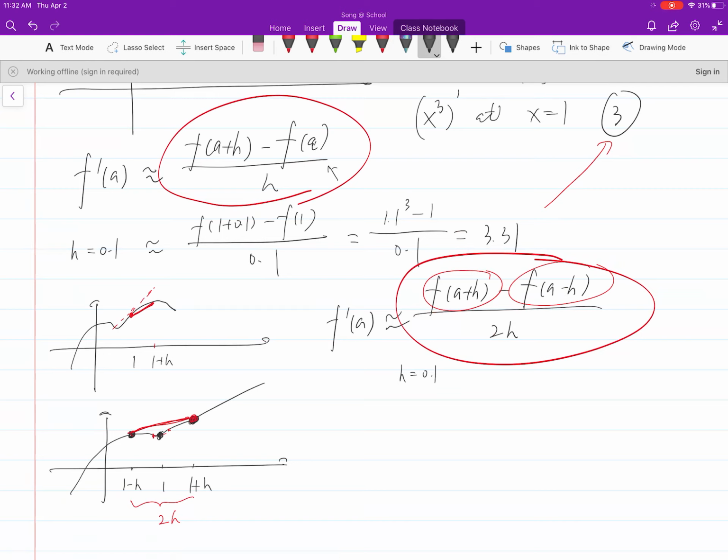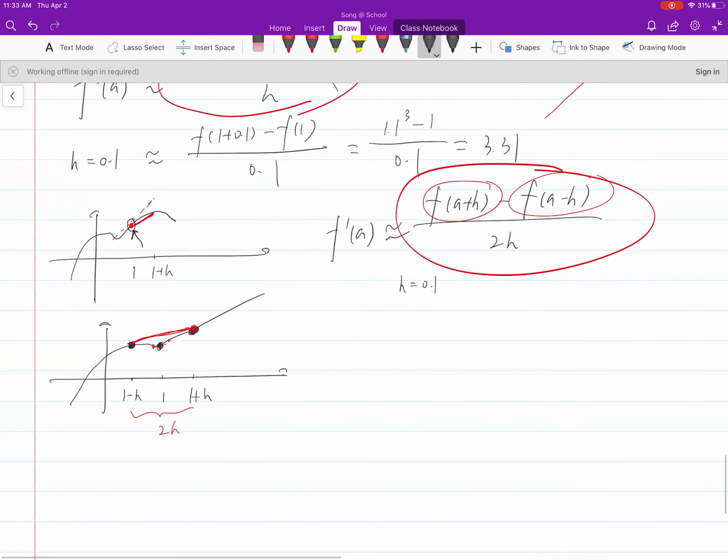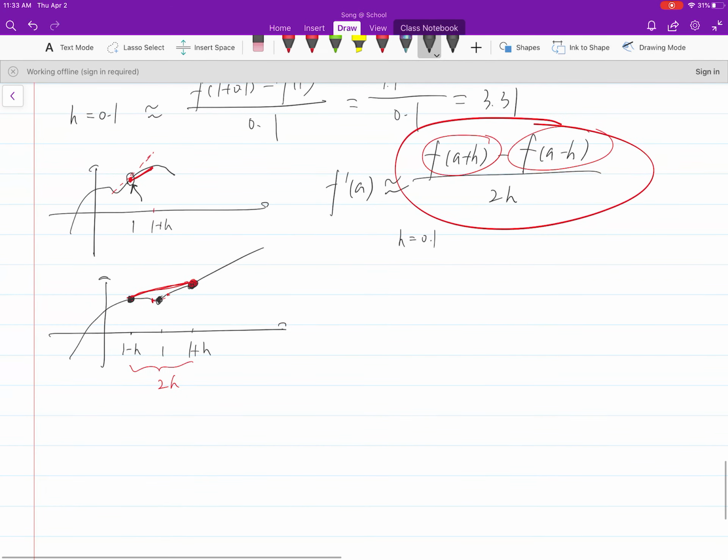This one takes a shorter period, this one takes a longer period. This one uses the information happening exactly at 1. Remember, we're looking for the derivative at 1. This one actually doesn't use the information at 1 at all. Instead they use the moment before and the moment after. Which one is better? Pause the video, make a guess, and somehow come up with a reason.